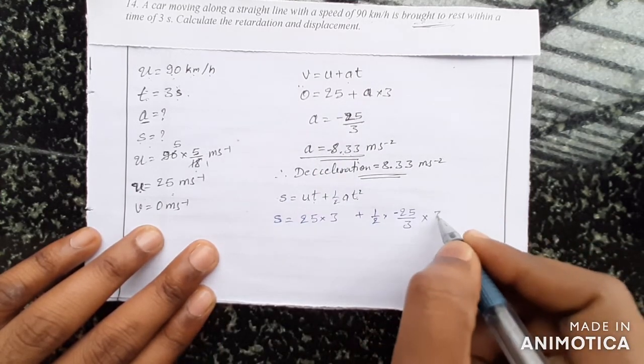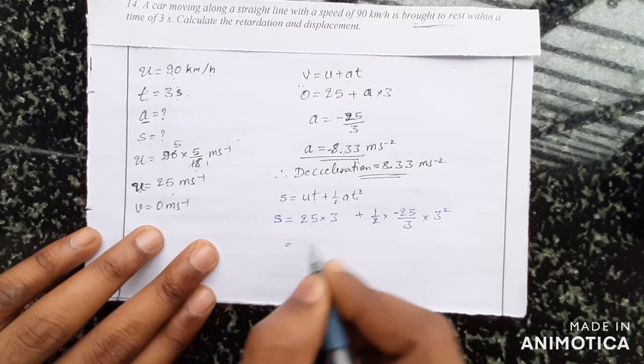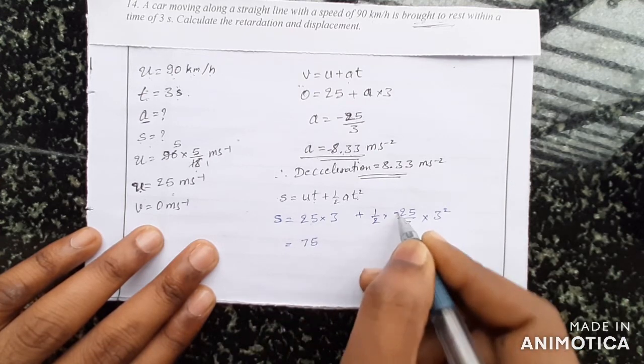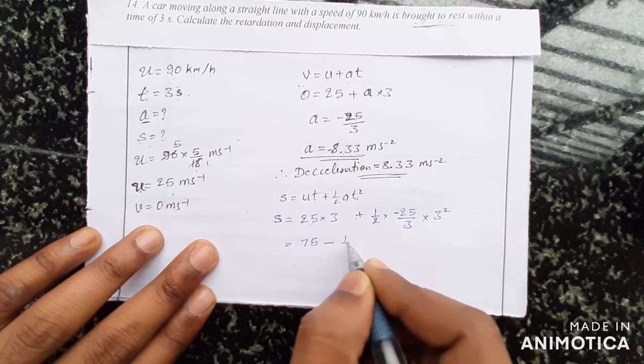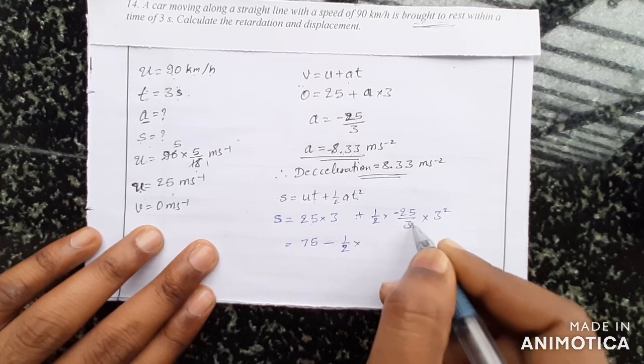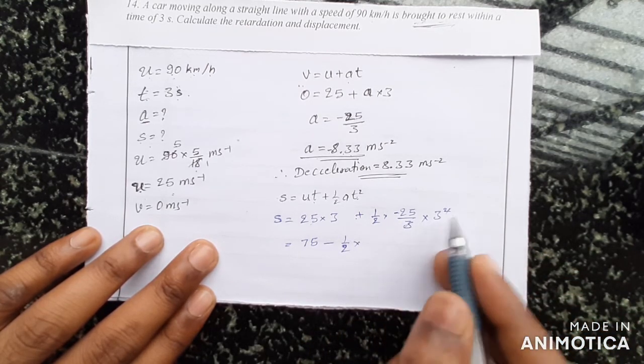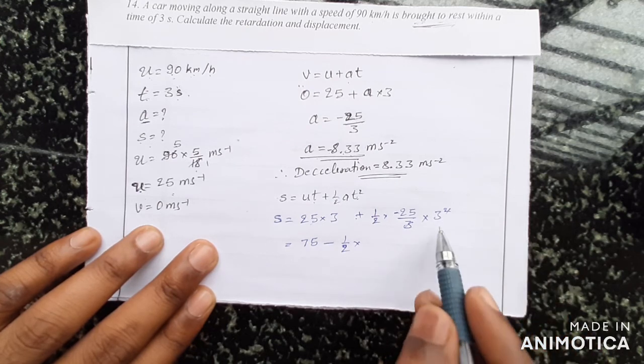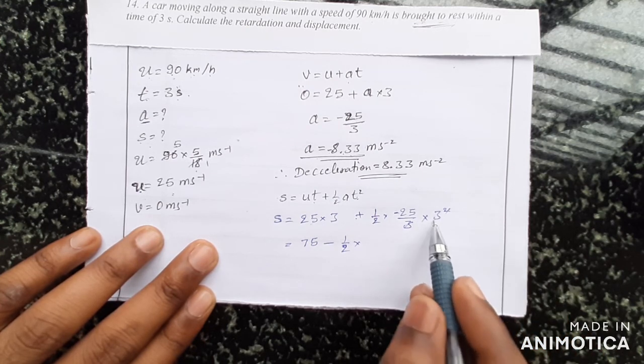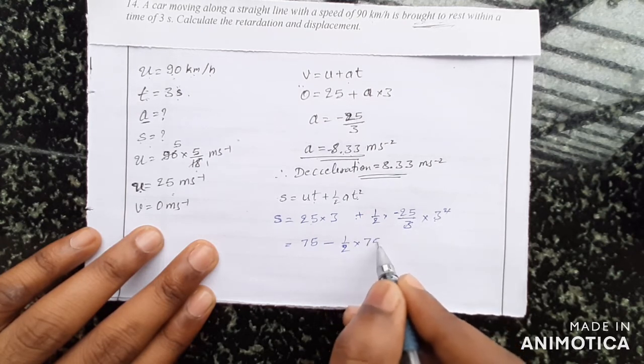t squared is 3 squared. So 25 into 3 is 75, minus, plus minus half into, one of the 3 gets cancelled. 3 squared is 3 into 3, one of the 3 got cancelled. What we are left with is 25 into 3, which is 75.